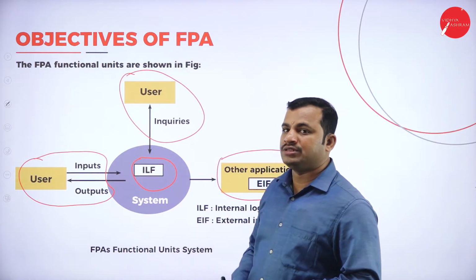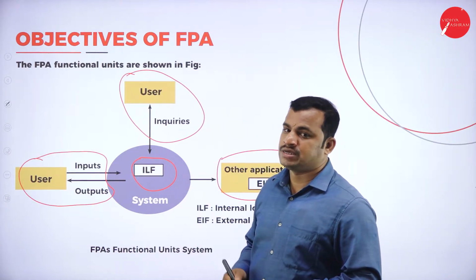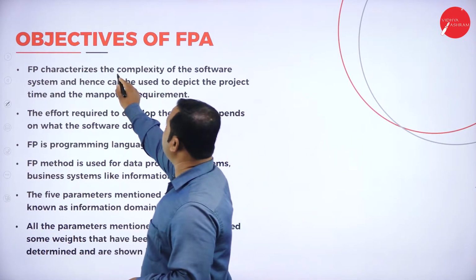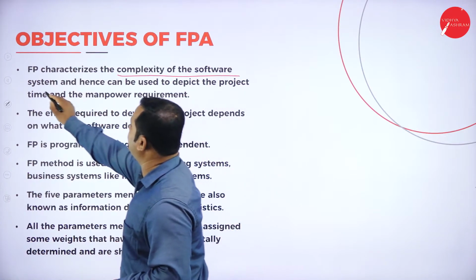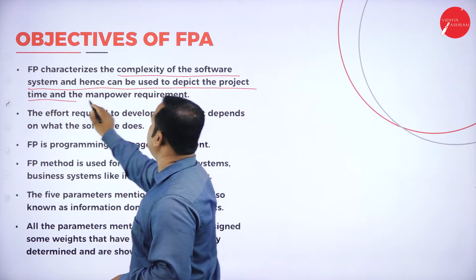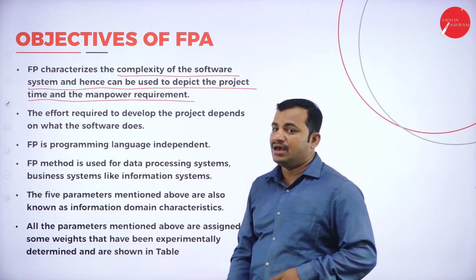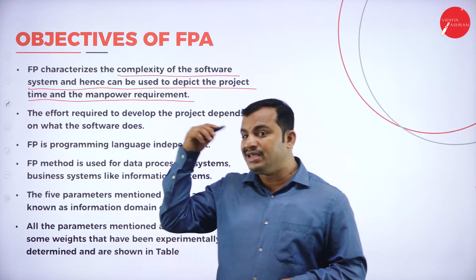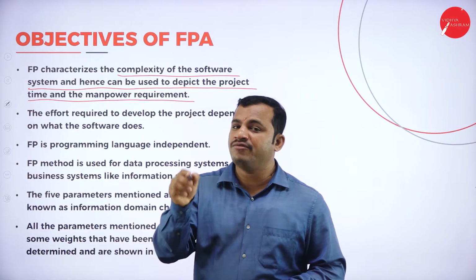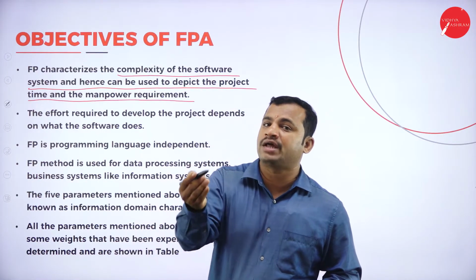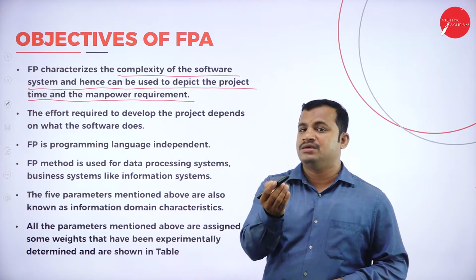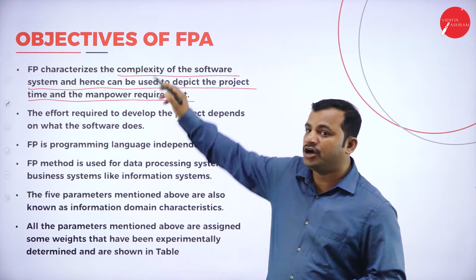Now let me continue with the discussion of function point analysis. Function point characterizes the complexity of the software system and hence can be used to depict the project time and the manpower requirement. As I have already told you at the beginning of this session, the complexity involved during the development of software, or during testing or maintenance, shall be assessed based upon the function point.